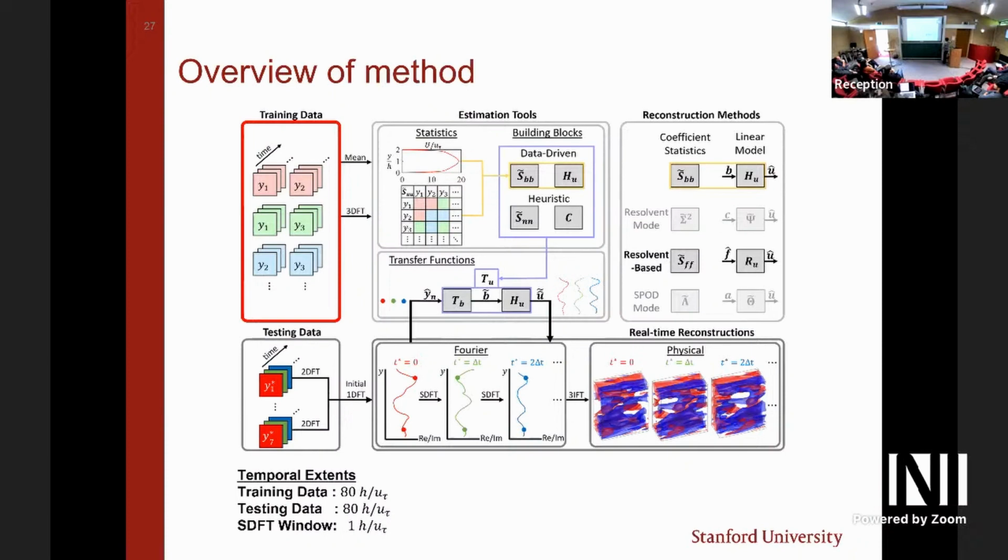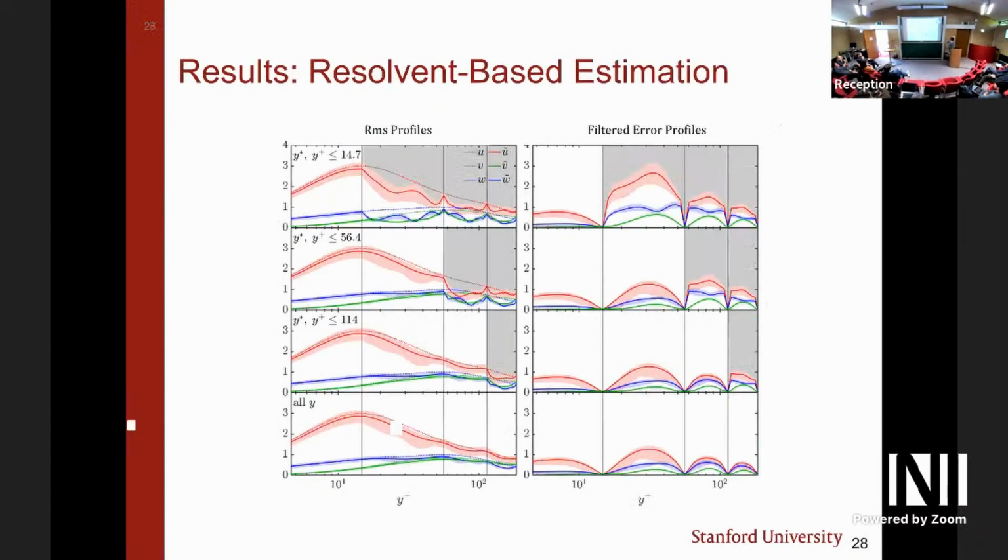And I should say that we're tackling here only 5% of the Fourier modes, which hold about 90% of the energy in the flow. So I'll show you quickly the results.